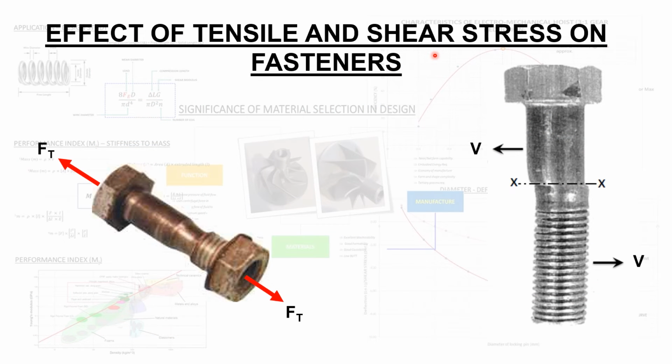So now let's look at the effects of shear with respect to components subjected to a tensile load, and the situation whereby a component is subjected to a shear force. In this diagram here, you've got a fastener that's been subjected to a force Ft, and Ft is coaxial to the center line of the given component.